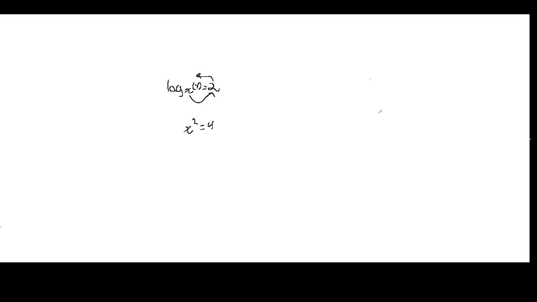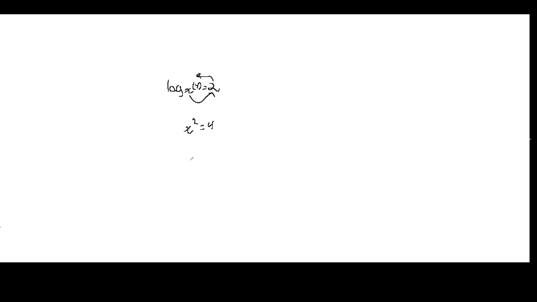Now, some of you might immediately be thinking, I know, it's just 2, and you're only half right about that. What this really means is something to the power of 2 equals 4, and you might be thinking, I already knew that, but you've got to rearrange it more.